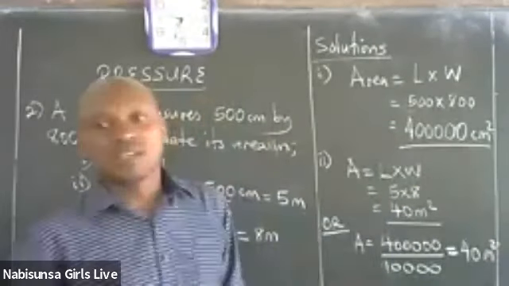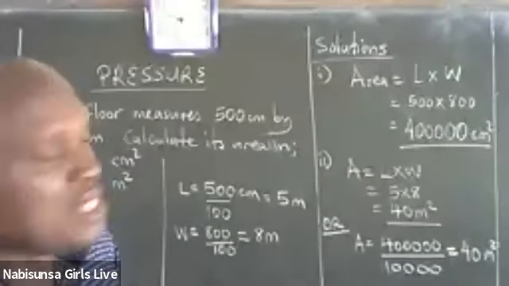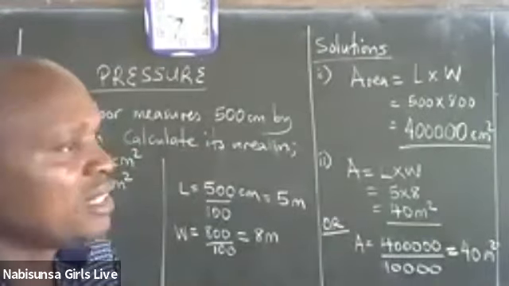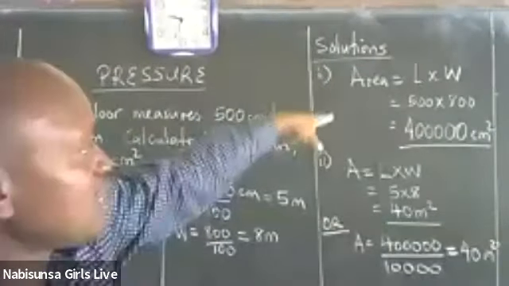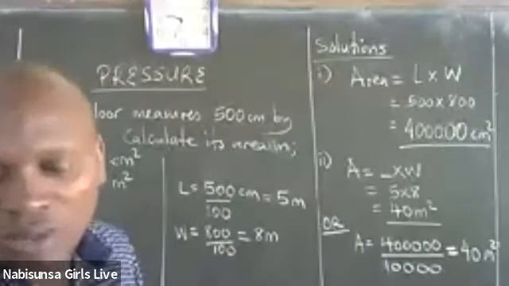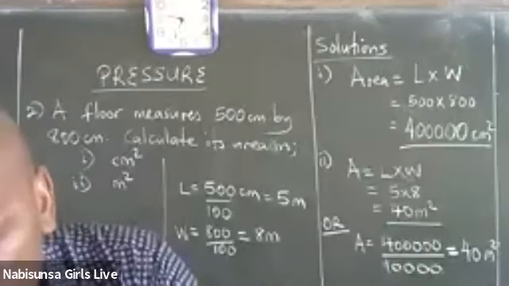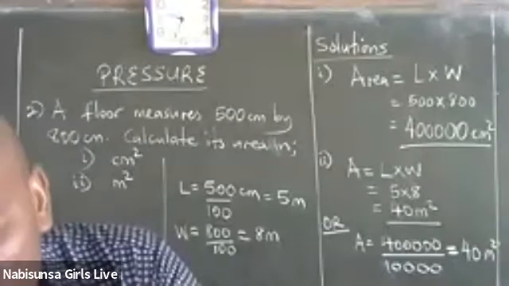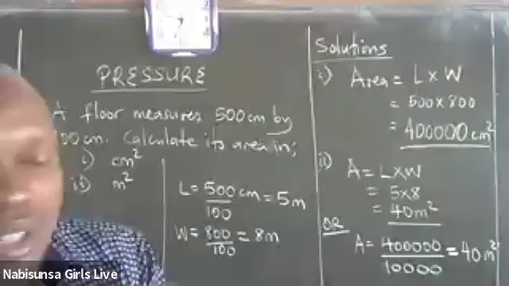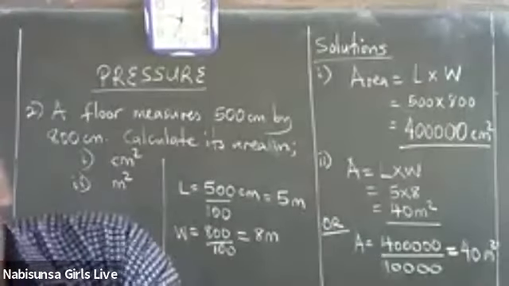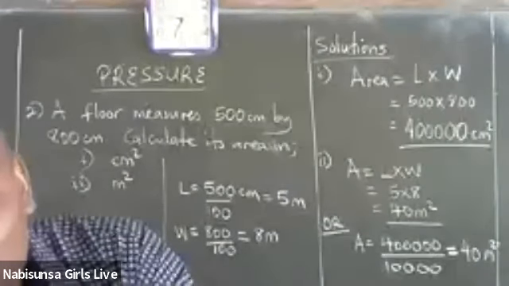So there are two methods. It depends on which one is easier for you. Either first converting and multiply, or you first multiply when they are in their original units, then after you convert. Which of the two is easier for you? The last one. Both. Okay, preference we'll check.